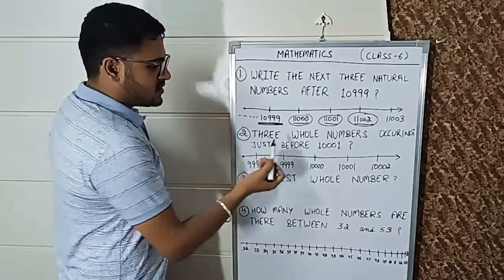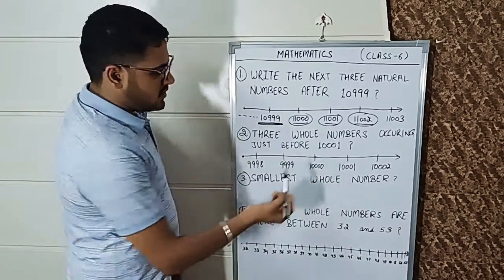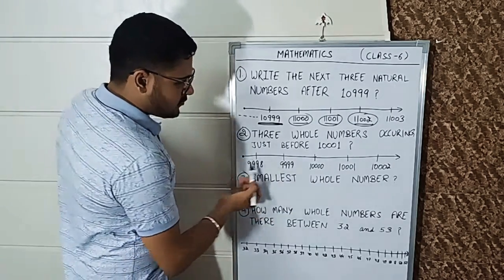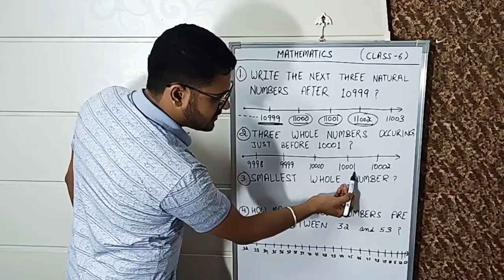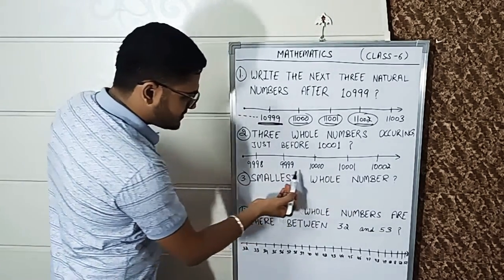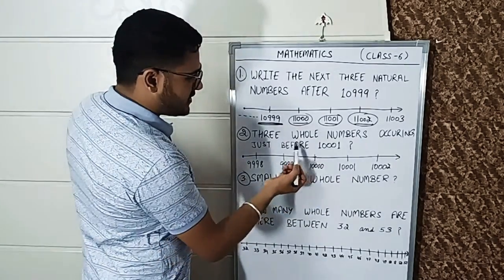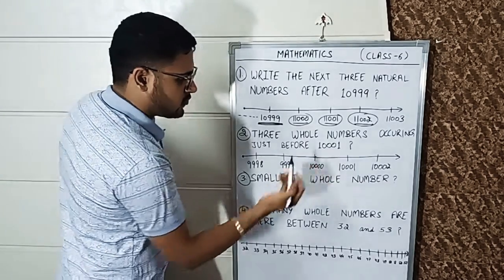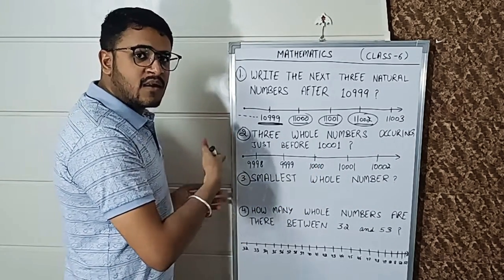Second example. What are the three whole numbers occurring just before 10,001? Again, we will draw the number line which will have 10,001 and some numbers before that and some after that. What we need is three whole numbers occurring just before. Before means the numbers which are towards the left side.